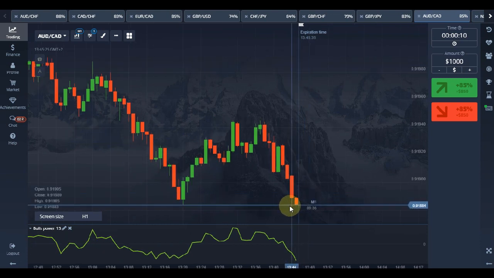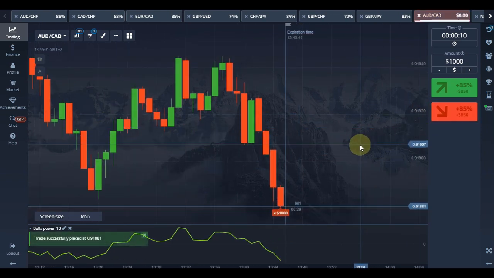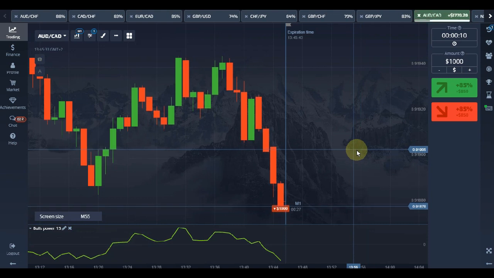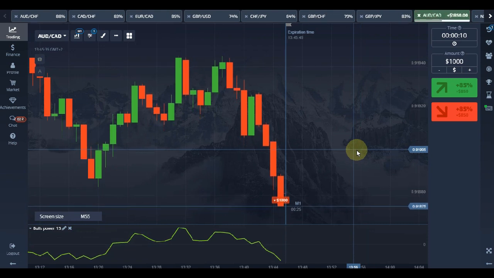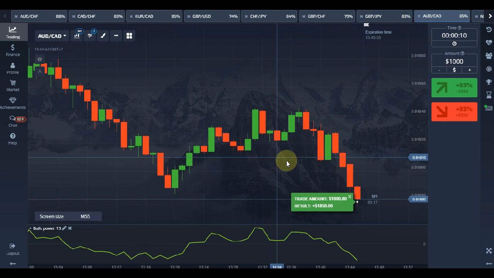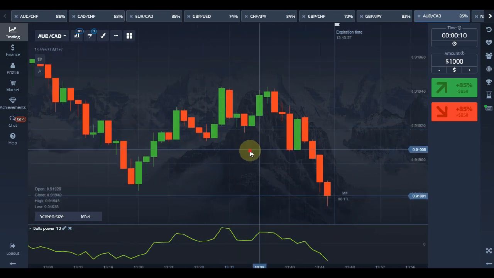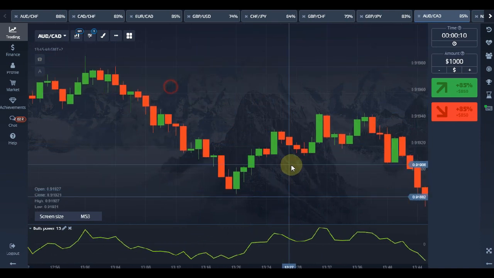If they break this one, then take the lower for 10 seconds. See, first you have to check the trend of the pair market. It's a downtrend.